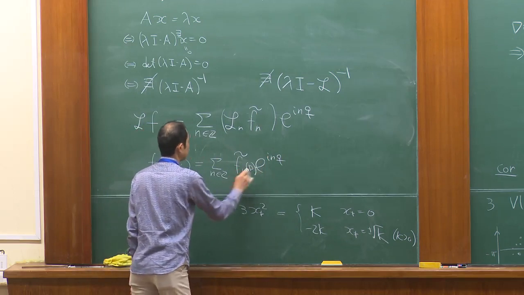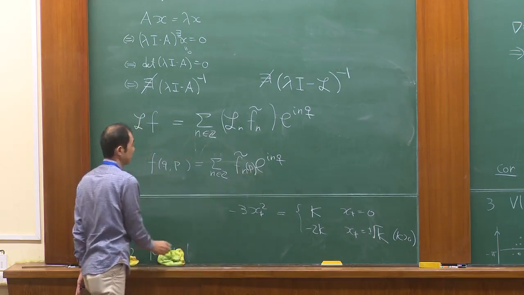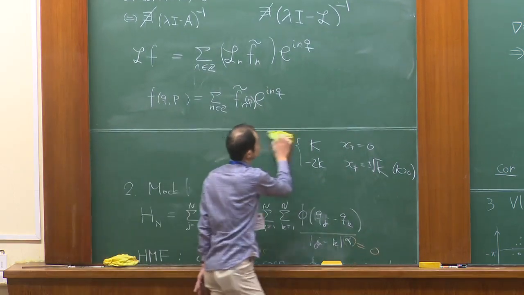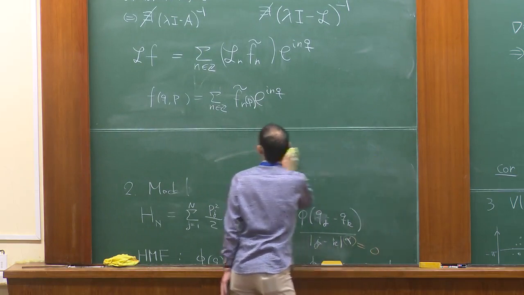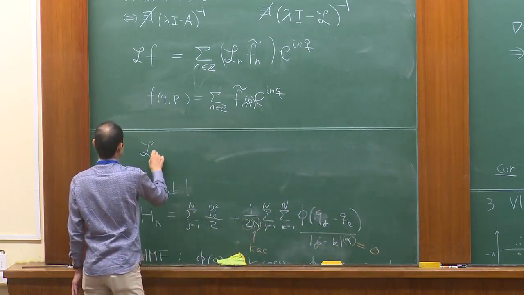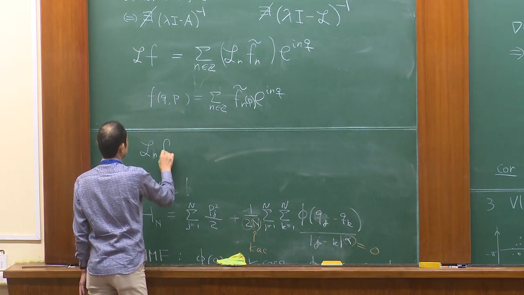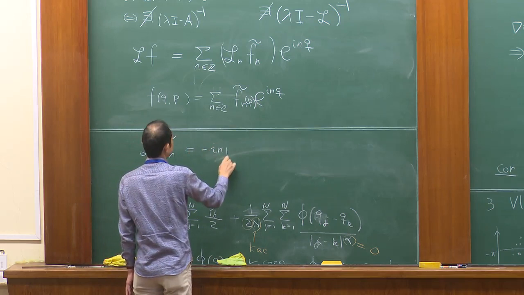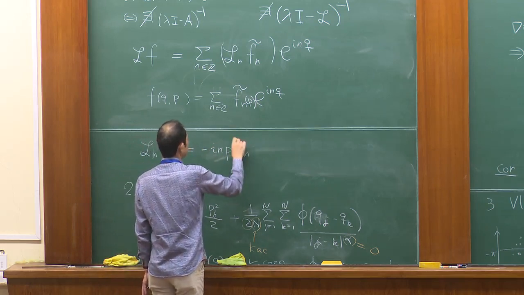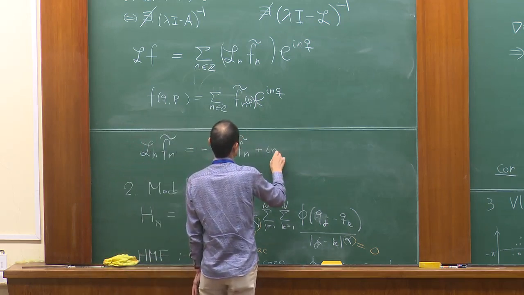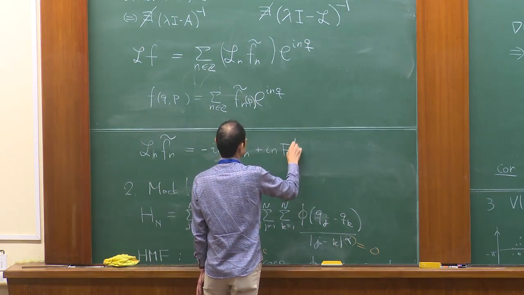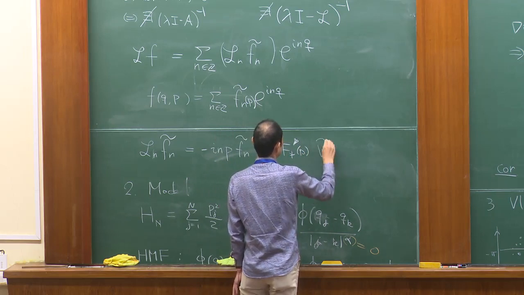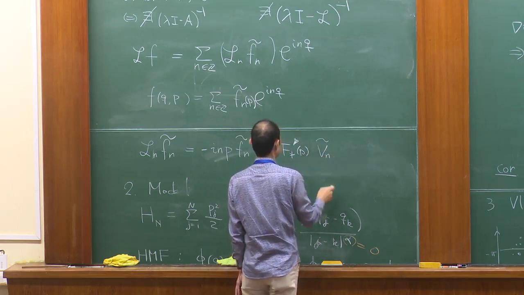So it is the function P. Then the form of Ln, Fn tilde is minus INP Fn tilde plus In F prime, extra prime and Fourier component of potential.